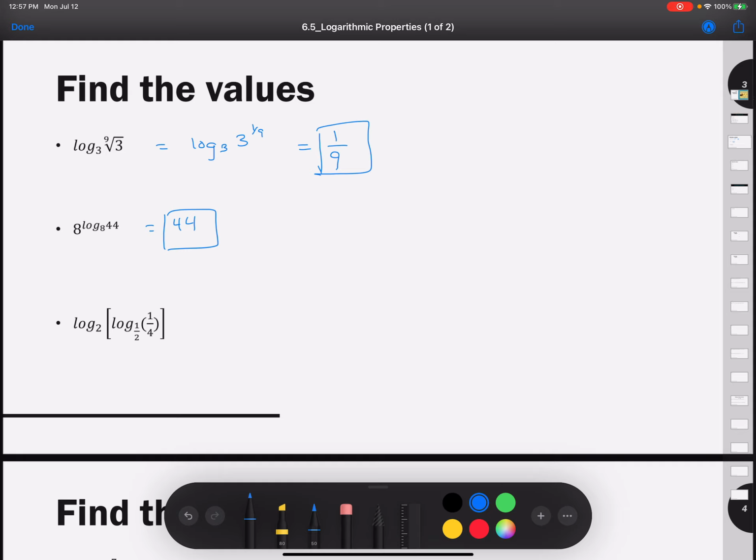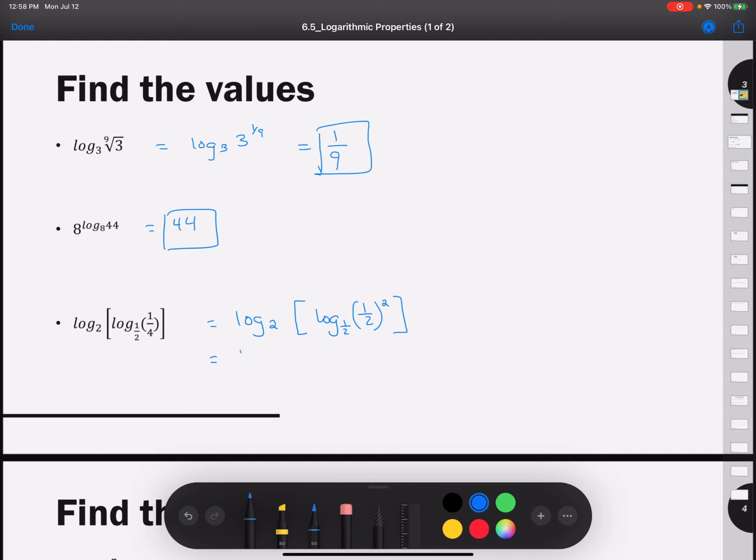Log base 2 of log base 1/2 of 1/4. Let's rewrite this: log base 2, and then put the brackets, log base 1/2. I'm going to rewrite 1/4 as 1/2 squared.